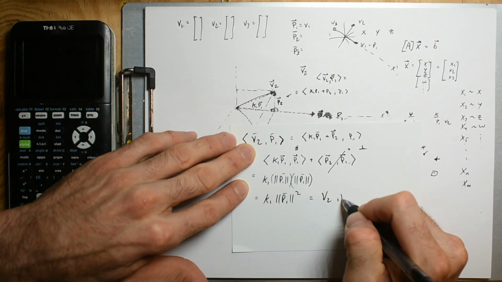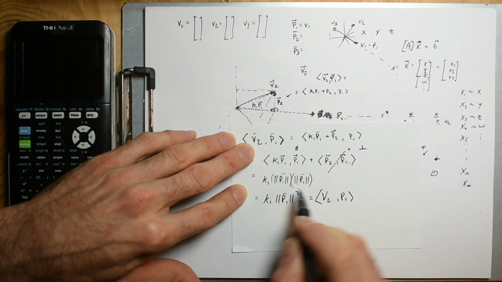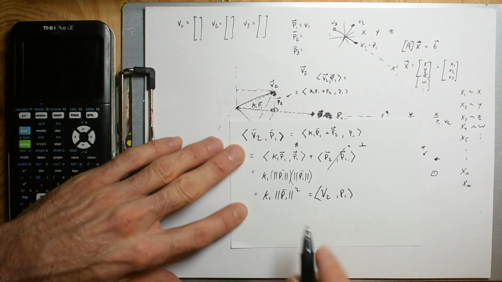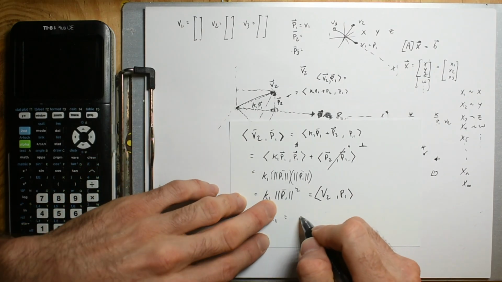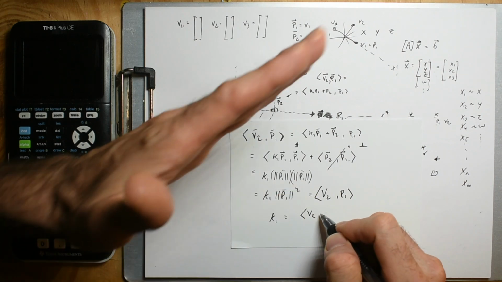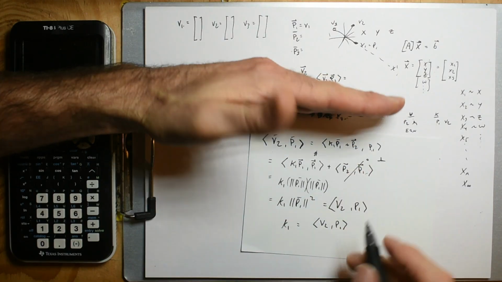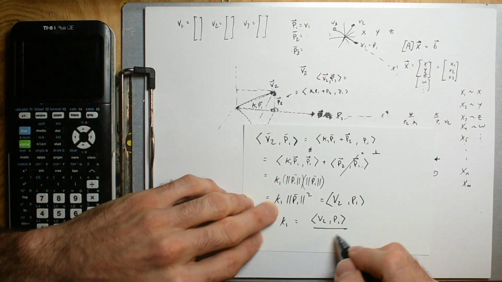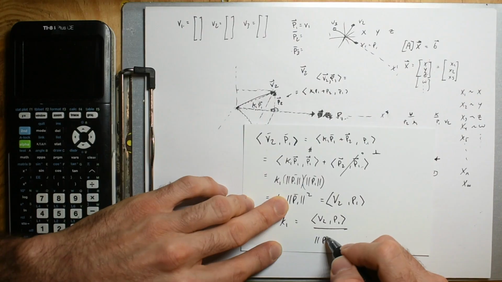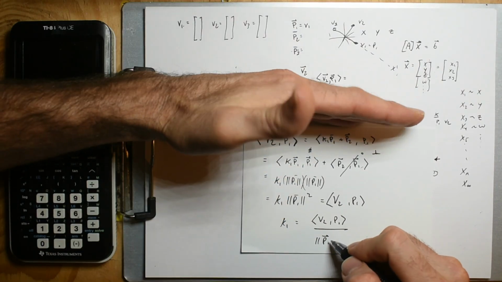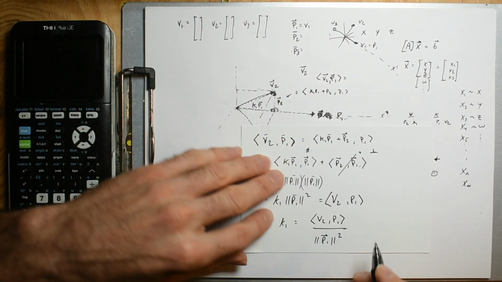This is V2 P1, so those are equal. And now I'm going to solve for K1. It is going to be the inner product of that wonky vector dotted with our first perpendicular, divided by the magnitude of our first perpendicular squared.